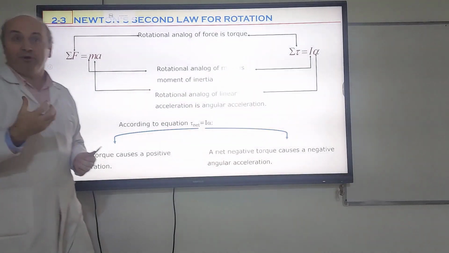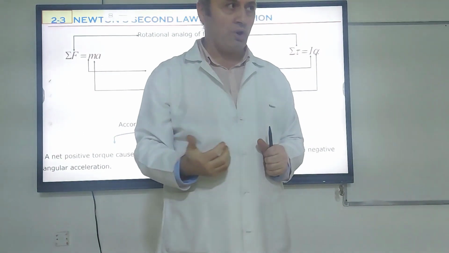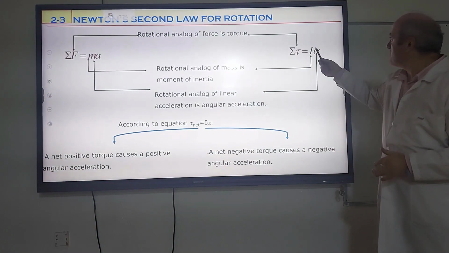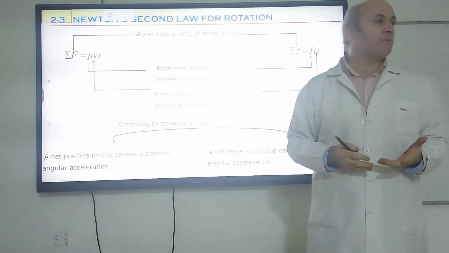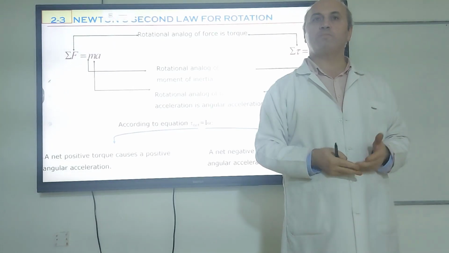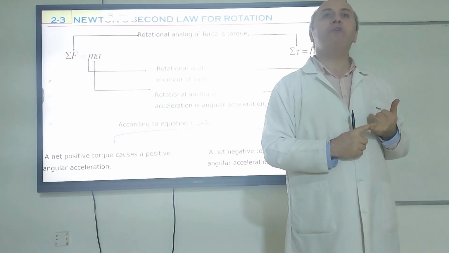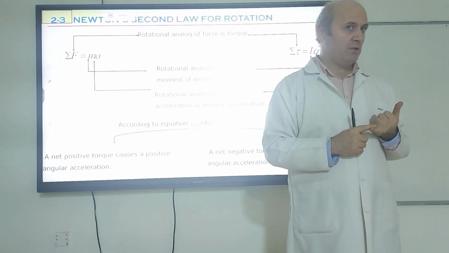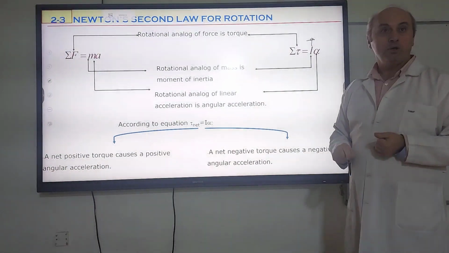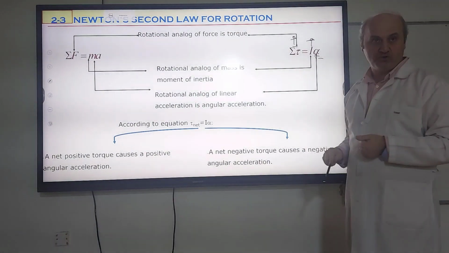As I said, moment of inertia determines how easy or how difficult it is to rotate the object. And how easy or difficult rotating an object is depends on how much force you apply. The force you apply on an object in rotational motion produces a torque. In fact, moment of inertia determines how big a torque you need to rotate an object. If moment of inertia is greater, you need a greater torque to make the same acceleration.